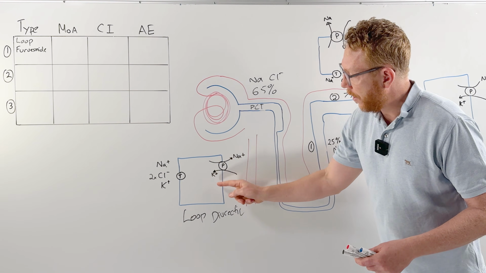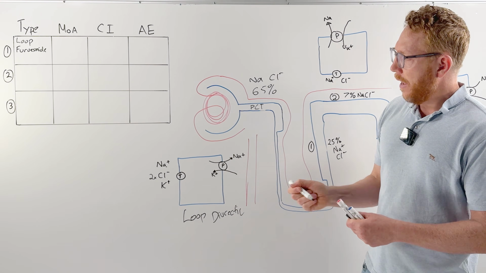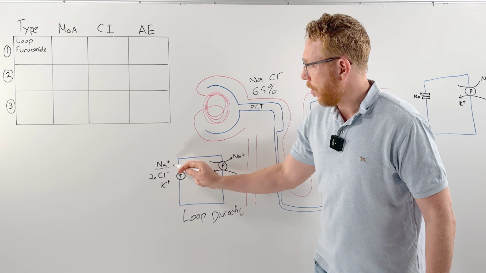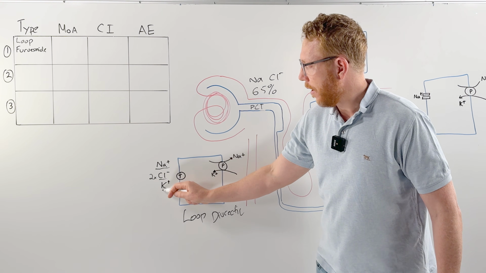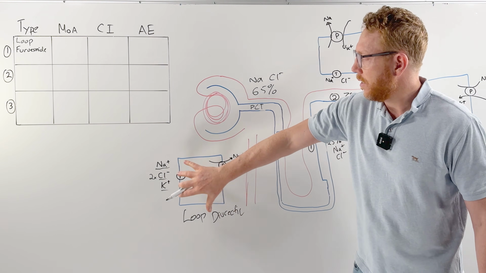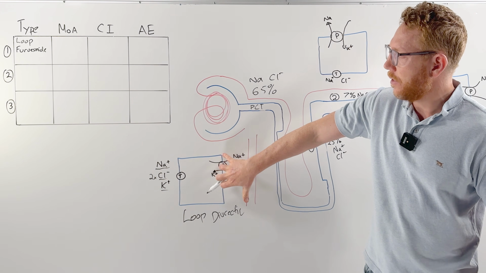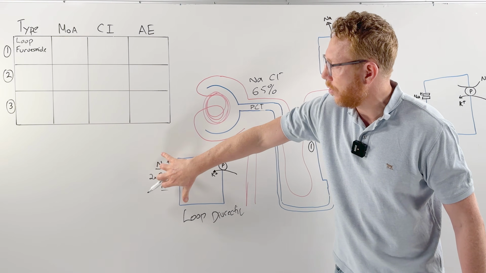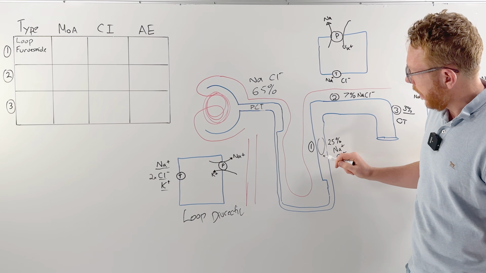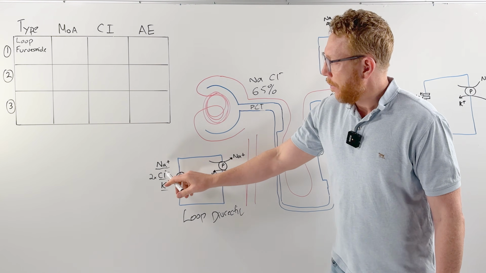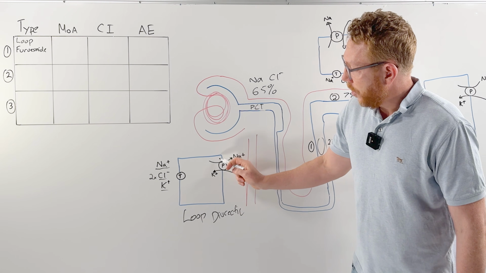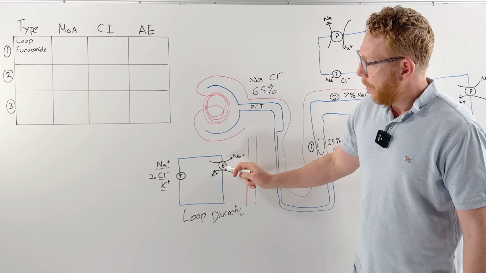So sodium, chloride, and potassium follow a gradient to come into the cell, out of the filtrate and into the blood, and it's generated by the gradient made by the pump.